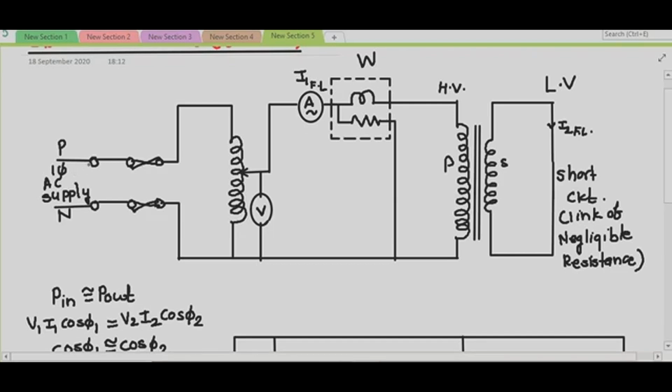I have to apply the voltage across the primary winding till the ammeter in the primary circuit indicates its full load current, the full load rated current of the primary. When your ammeter indicates the full load rated current of the primary, at that time we have to note down the various observations in tabular format. So let us see what we have to note down.